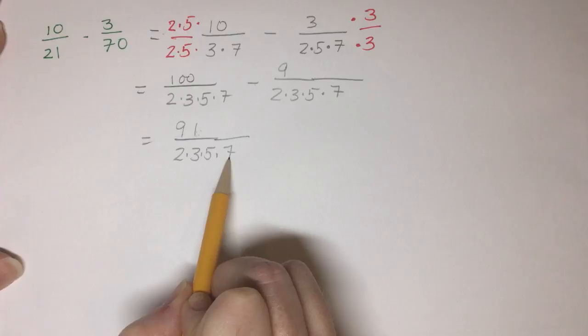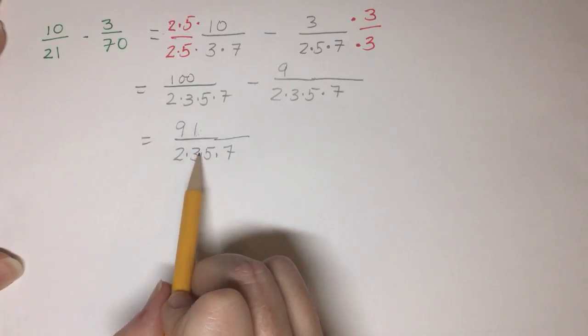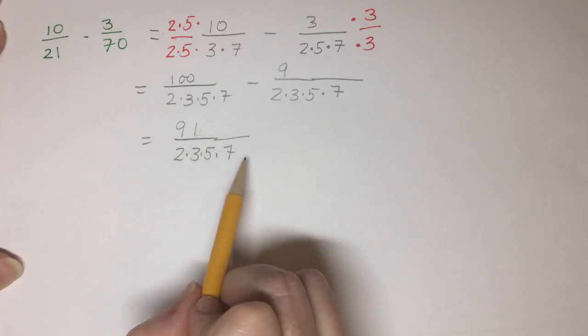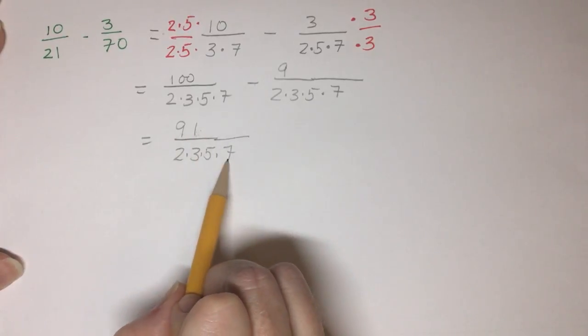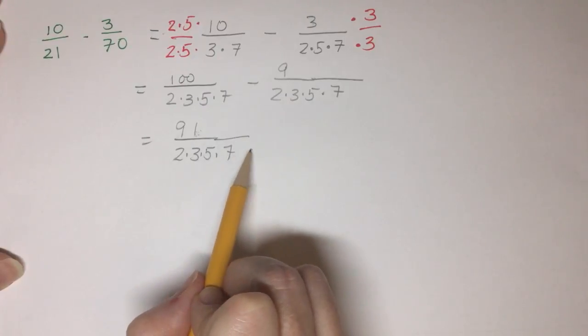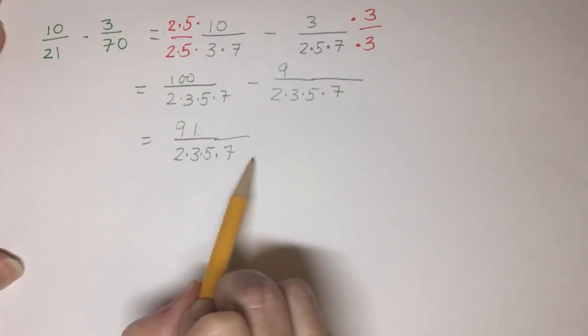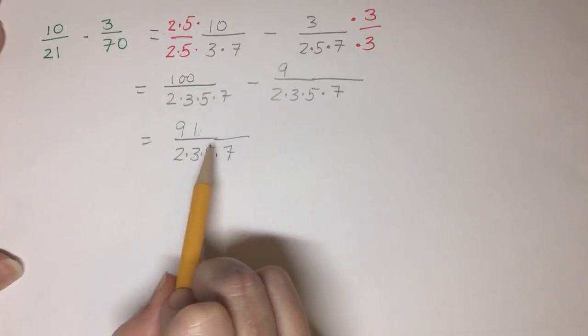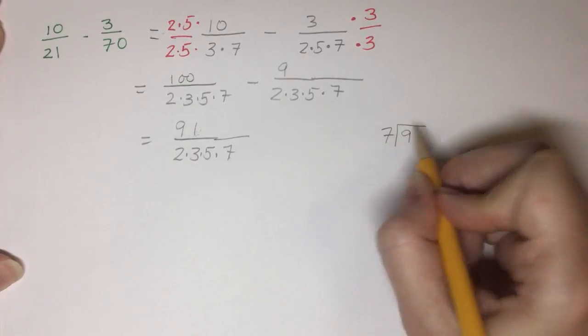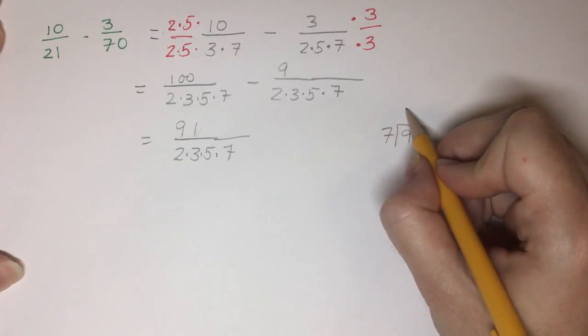So the only number I need to check to see if this is reduced is 7. If 7 divides into 91, then I can divide out that common factor. If 7 doesn't divide into 91, then I don't care if 91 factors in any other ways because I don't have any of those other numbers in my denominator. So scratch work to the side, I just need to check. Does 7 divide evenly into 91?